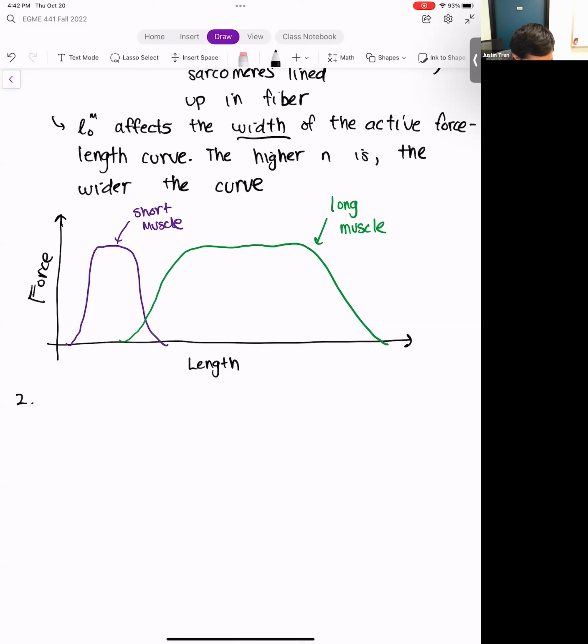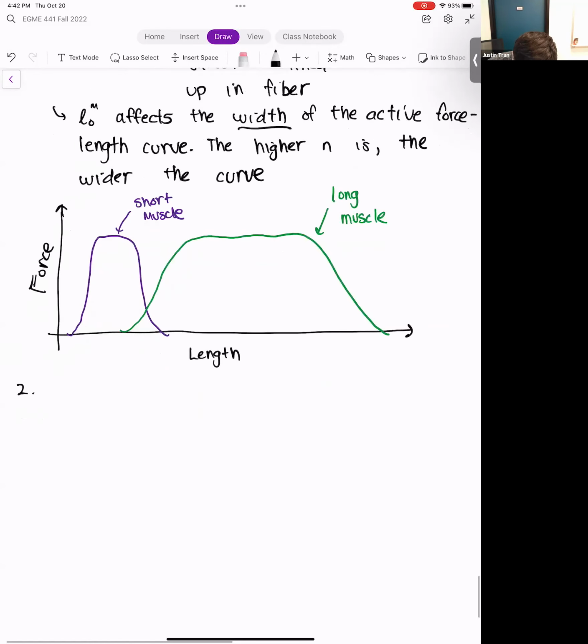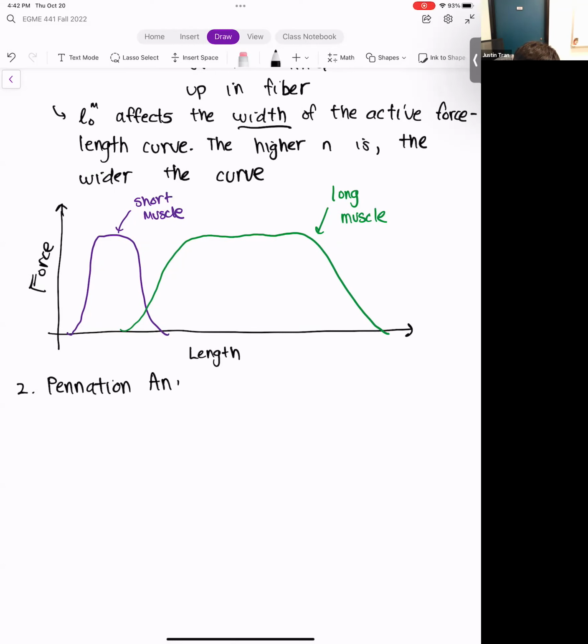Second parameter is one that you're probably familiar with, the pennation angle. We call this phi. This is something that you're familiar with, and I think in our previous problems this was denoted as theta m.